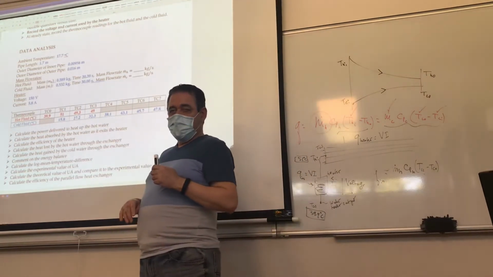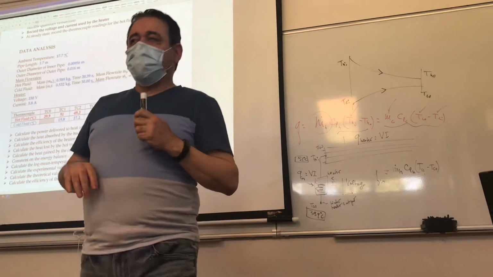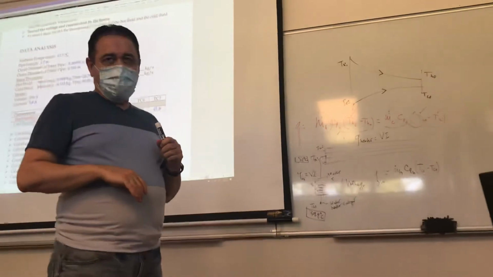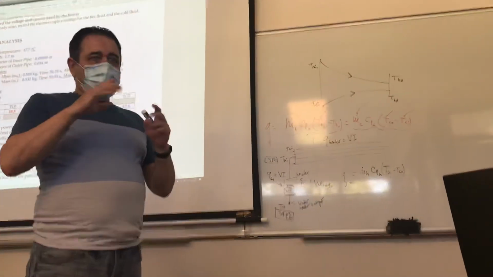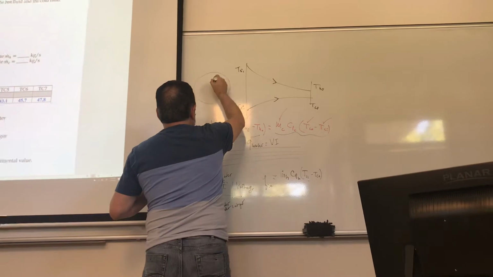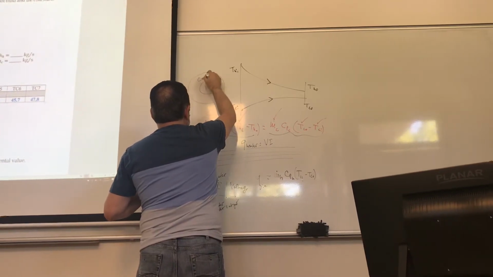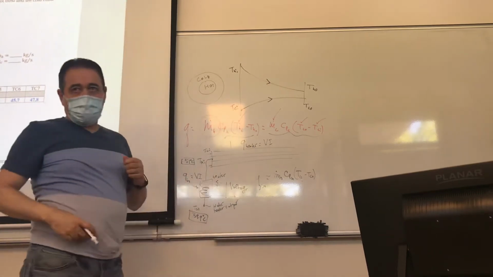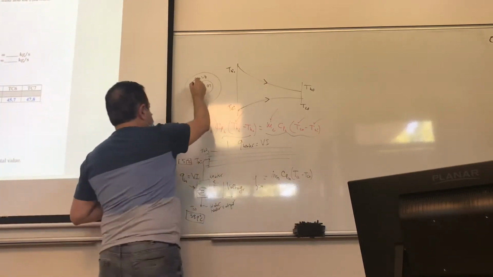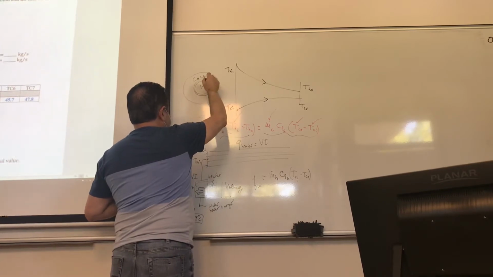For cross flow, they should be close. This should be pretty close, but you have to keep in mind that you have hot water flowing through here, and cold water flowing through there, through a certain thickness.